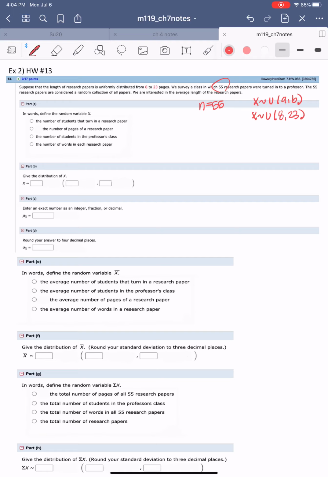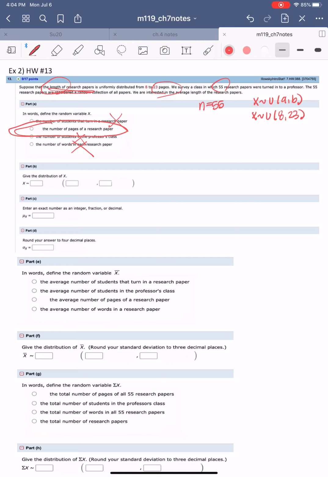All right, part A. In words, define variable x. What are we looking at? We are looking at the length of a research paper in what unit? Pages. So let's do that. Not the number of students, that's a sample size. Not the number of words, it's a length in pages. It's the number of pages of a research paper.